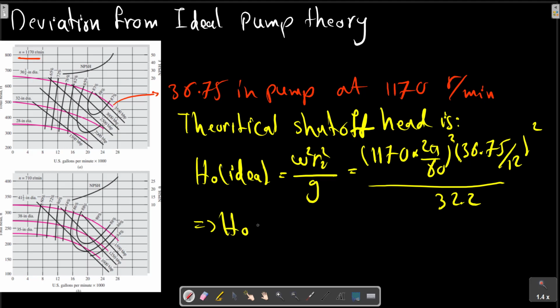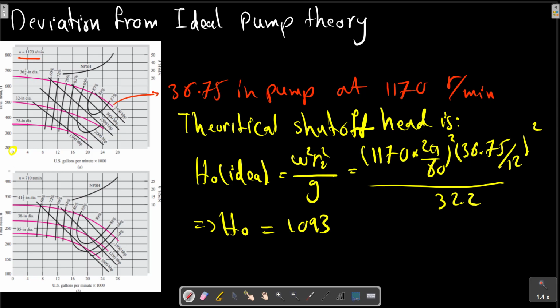The ideal theoretical shut-off head is, from this picture, at Q is 0.